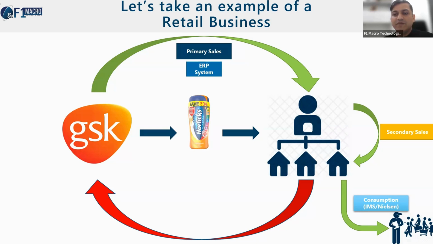When they do automated billing, that data is purchased by a few companies, like IMS, Nielsen. People who are experienced may have heard about these companies. Freshers, when you are in the corporate world, you will come to understand these companies. They purchase data from those chemist shops and pharmacies, and they share analyses of the consumption in the market and the market share of that particular product. That is the third level of data.